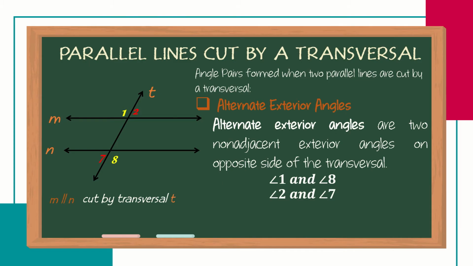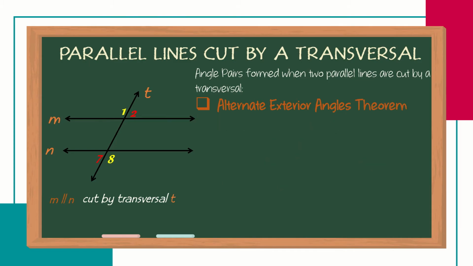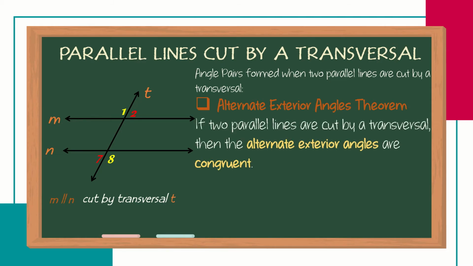The alternate exterior angles theorem states that if two parallel lines are cut by a transversal, then the alternate exterior angles are congruent. So if line M is parallel to line N, then angle 2 is congruent to angle 7 and angle 1 is congruent to angle 8.